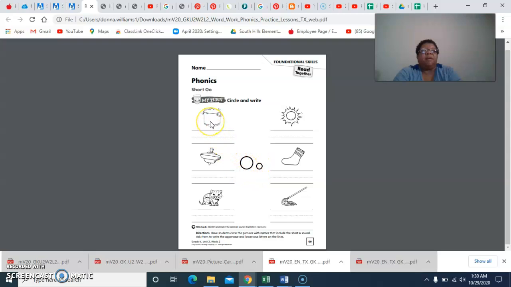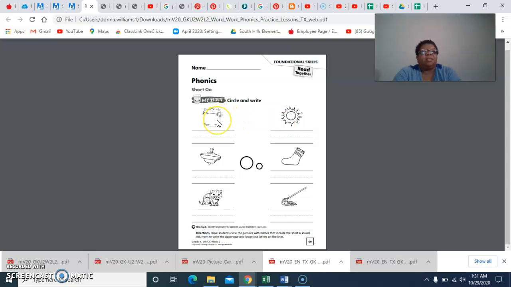We have a picture of pot, sun, sock, top, cat, mop. And let's go through first which ones have the ah sound, or the short O sound. So if I said pot or sun, which one has the ah sound?